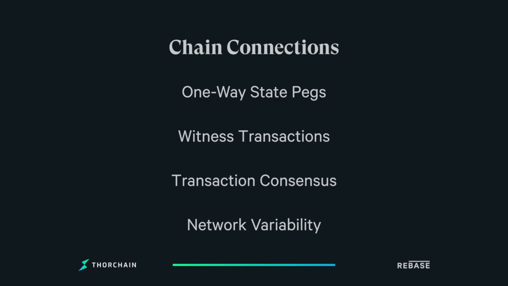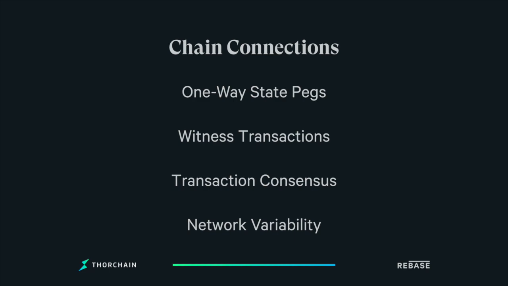When the network sees that 67%, what's called a supermajority of nodes, agree on a transaction, it's approved and considered correct. Nodes are punished, it's worth noting, if they miss witness transactions. And they're also punished if they get a transaction wrong.